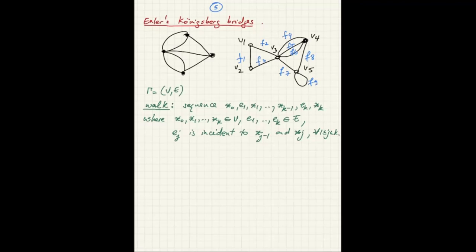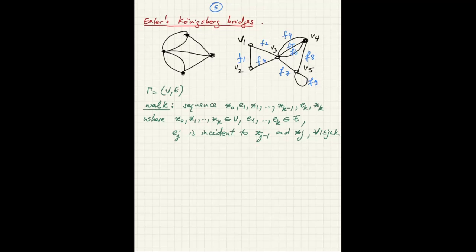So here, a walk is essentially you start at a vertex, and you continue on. You use an edge which contains that vertex, and you end up at another vertex, and you can repeat this procedure. So you are moving, but you're moving on edges. You cannot just jump.